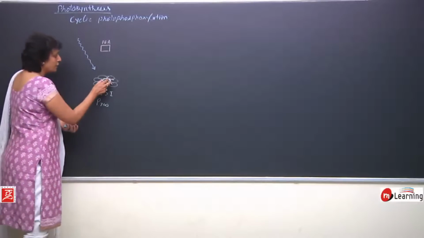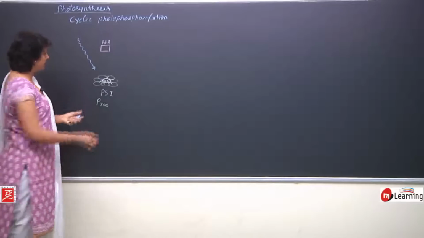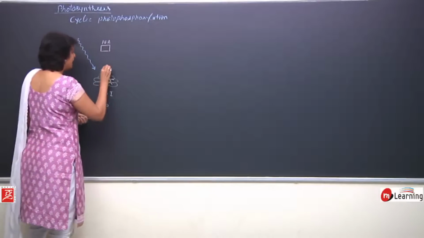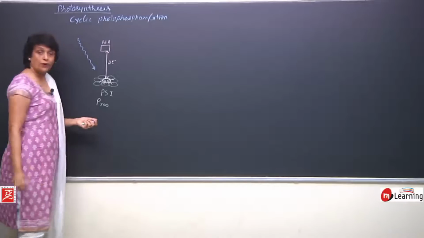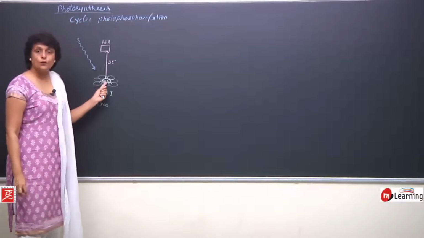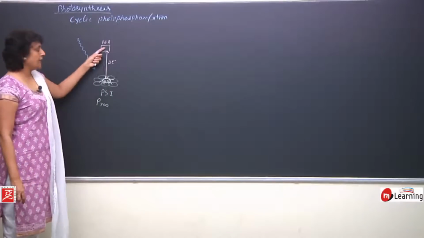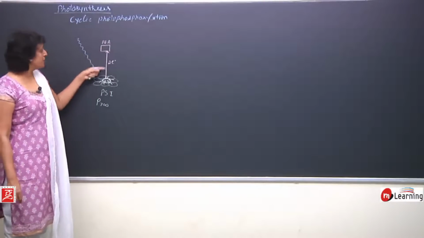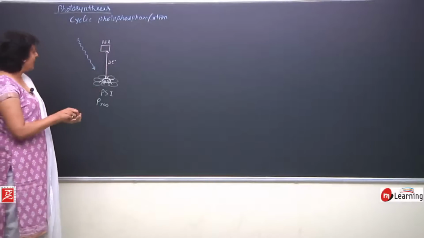And because of this energy, a pair of electrons from this reaction center chlorophyll gets excited. Again, one pair of electrons leaves the chlorophyll A molecule of photosystem 1. It is taken by the first electron acceptor, which is the primary electron acceptor of this particular photosystem.